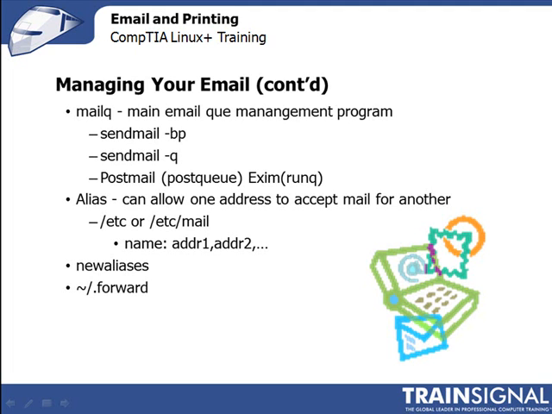We first talked about aliases in our GNU and Unix commands lesson, and we learned how they can be used to give new names to regular commands. With email, an alias can allow one address to accept mail for another. For example, a basic Linux email account is called Postmaster, and if you wanted to assign a user to read mail for this account, you'd set up an alias by editing the aliases file in /etc or in /etc/mail.